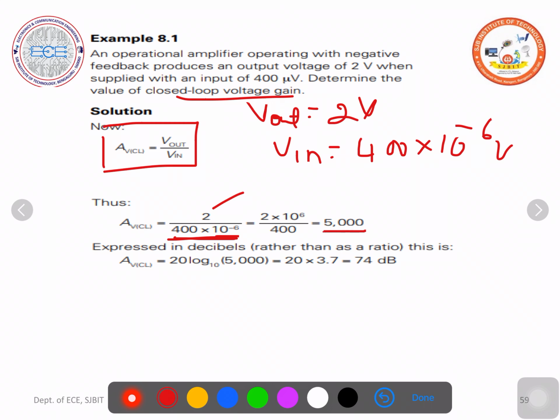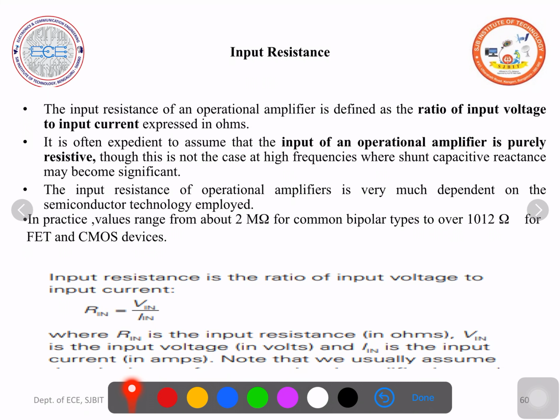Closed loop voltage gain is given by V out by V in. V out is 2 volts, input is 400 microvolts. So if you calculate, you will get 5000. You can observe we have not written any unit there. Usually the voltage gain is expressed in decibels, so take 20 log of 5000, you will get 74 decibels.